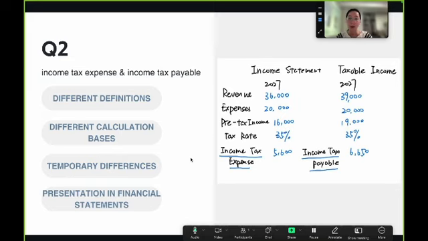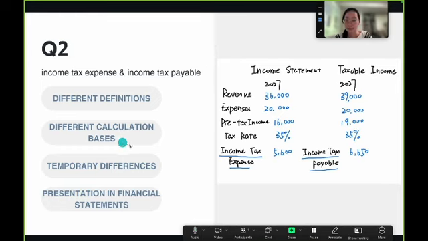Income tax payable represents the actual amount of tax owed to the tax authorities like the ATO as of the financial statement date, usually the tax that needs to be paid soon, and should be shown as a current liability in the balance sheet.